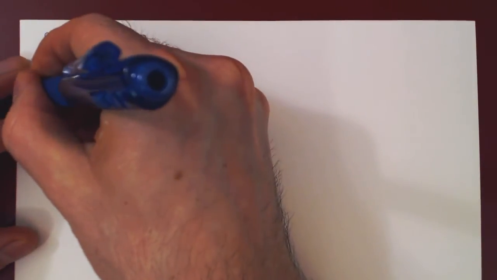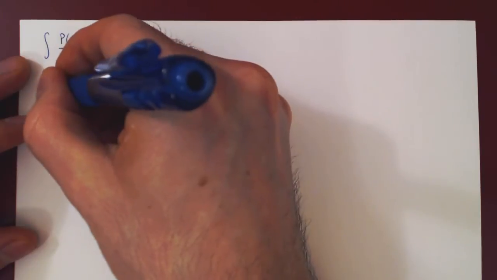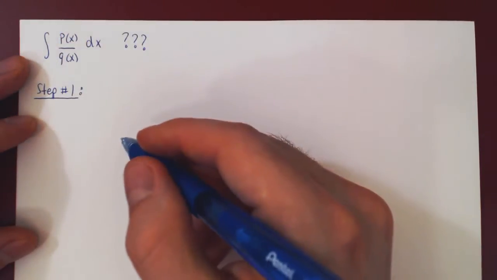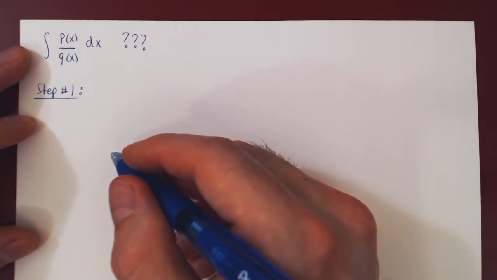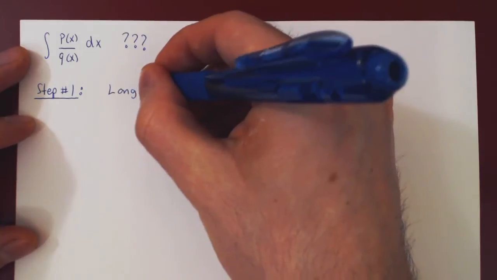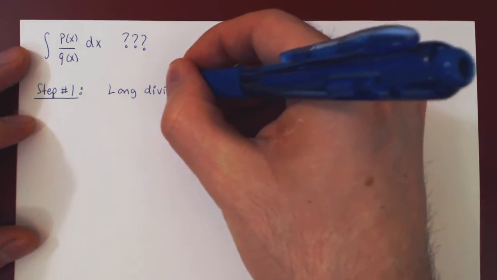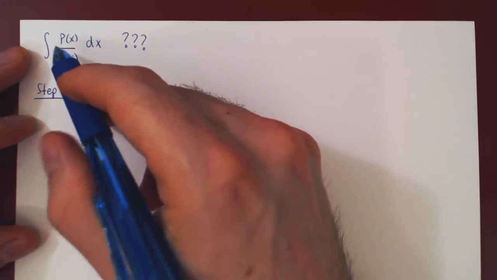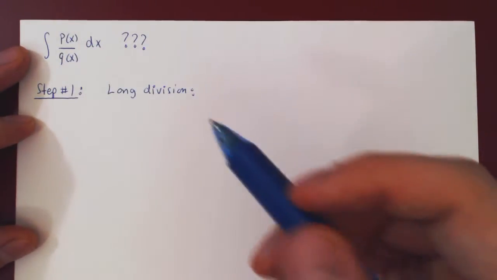So what is the first step in integrating rational functions? Well, step number one is to use long division to rewrite this division into two parts.